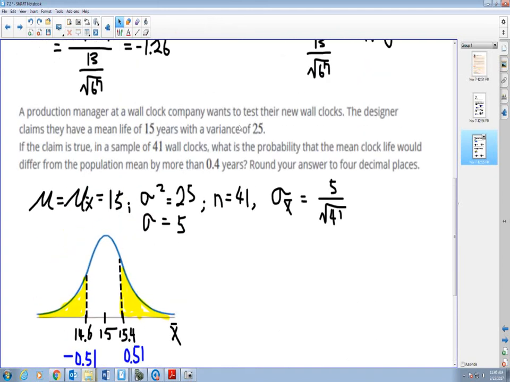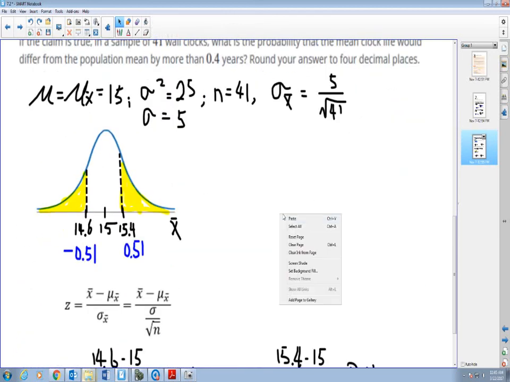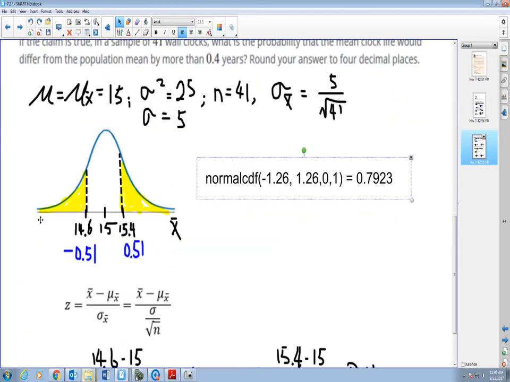So when I do my normal CDF, I can do the normal CDF from negative infinity, negative 1e99, all the way to my upper bound here. Let's look at this area to the left. Negative 1e99 all the way up to negative 0.51. That will give me this area. Since this area is the same, we can just times everything by 2.